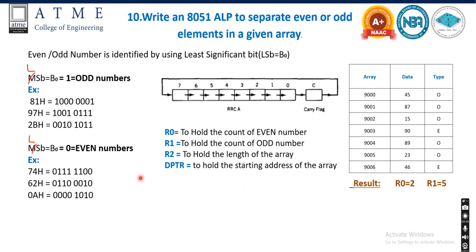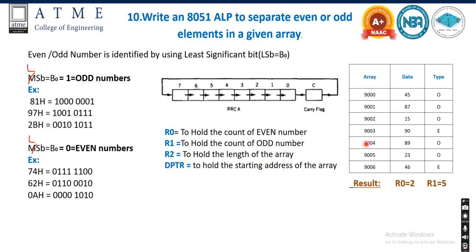An array is a sequence of successive data stored in memory. DPTR is used to hold the starting address of the array.